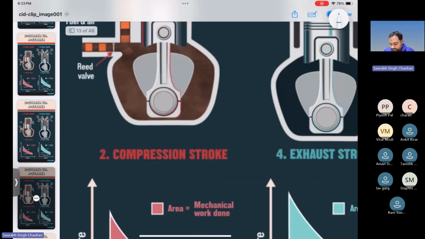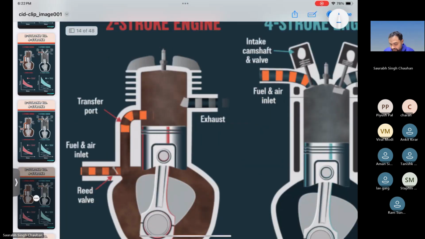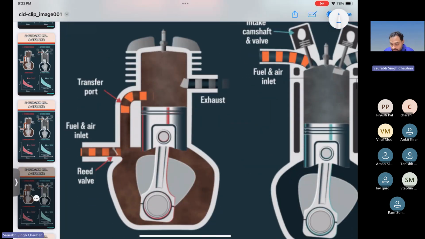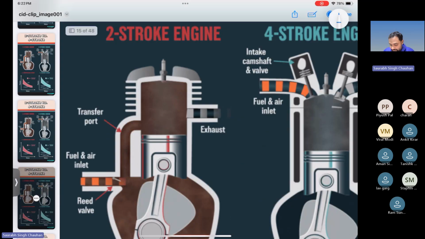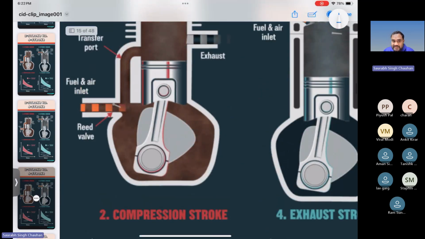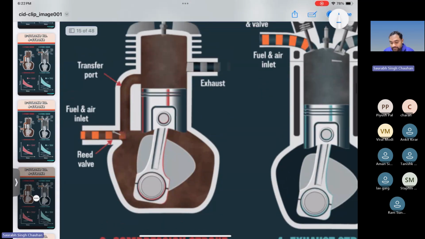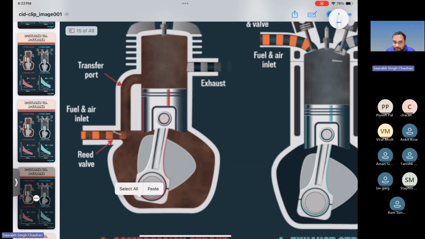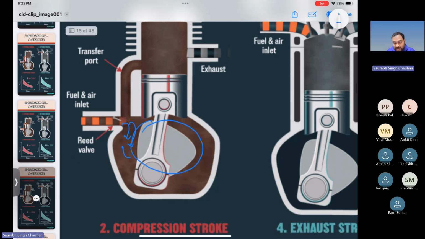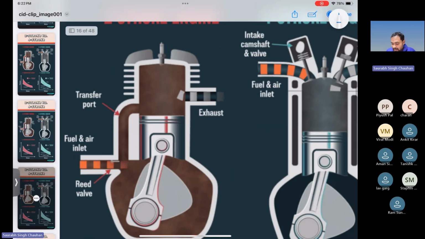Now it has come down to the bottom and it is just starting to go upward. So what will happen? This inlet port will open and the fuel air mixture will start coming into the crankcase. Now it will move upwards further.